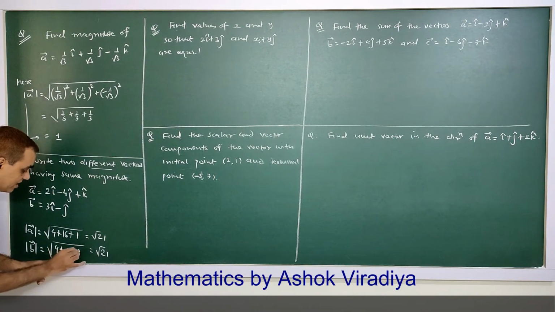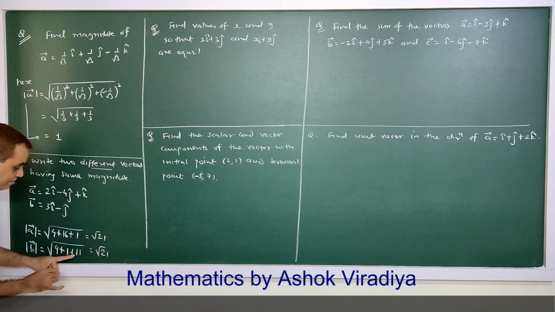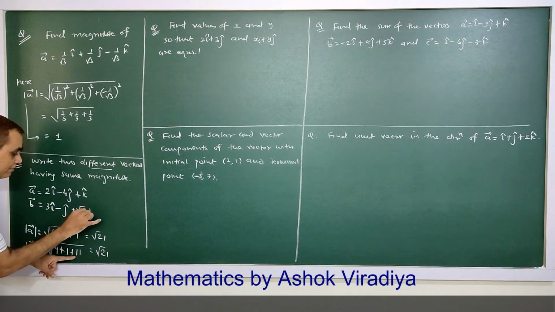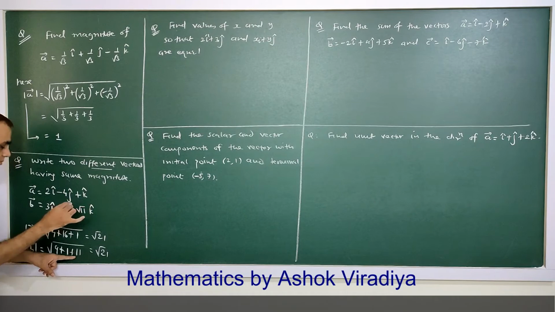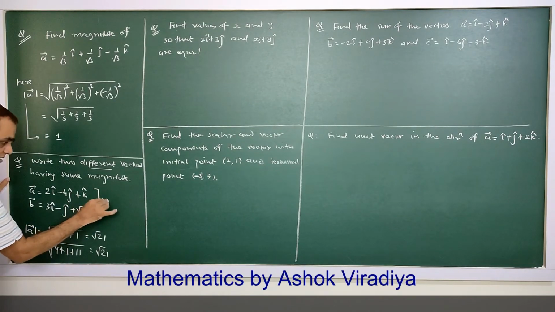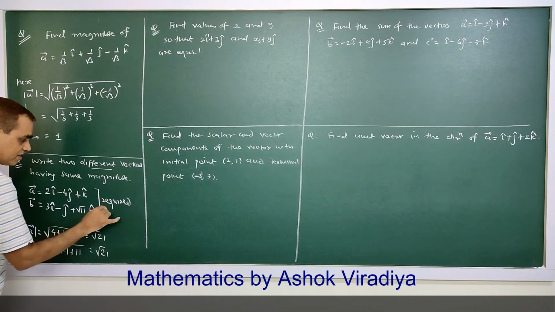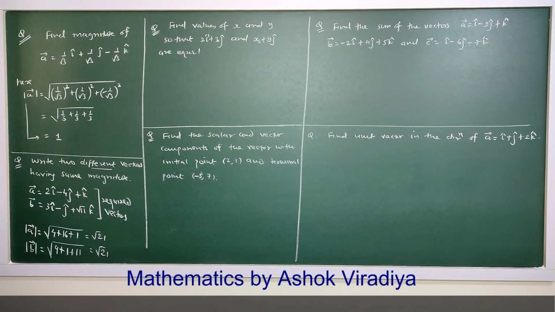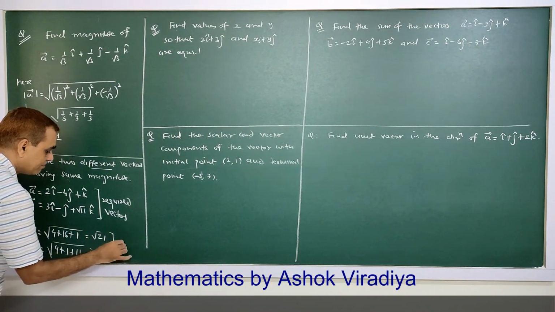Here we want 11, 10 plus 11 is 21. So to have 11, we should keep here square root of 11 times k. So these are the required vectors whose magnitudes are the same.